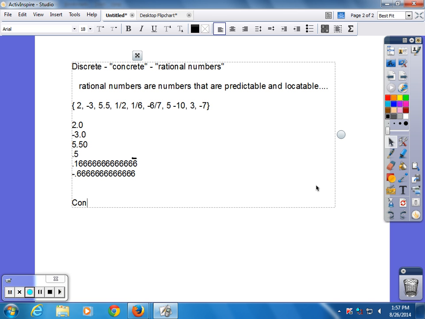Continuous. I like to tell students irrational numbers. Now, if I give you the definition that rational numbers are numbers that are predictable and locatable, what can you deduce that I'm going to tell you about irrational numbers?